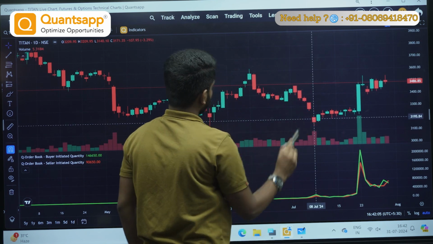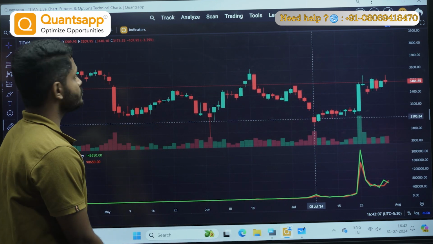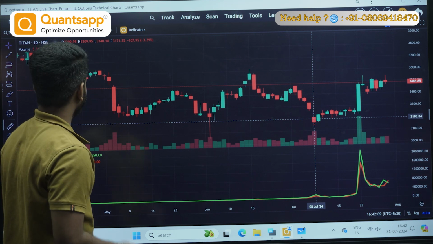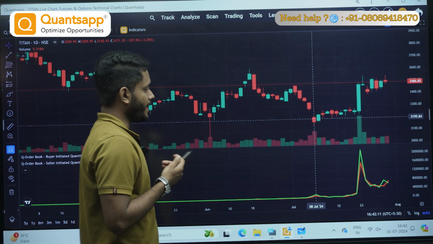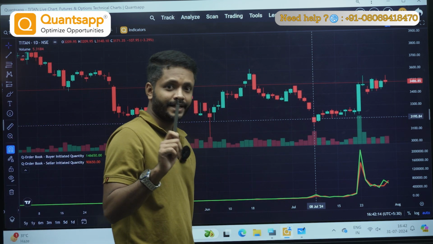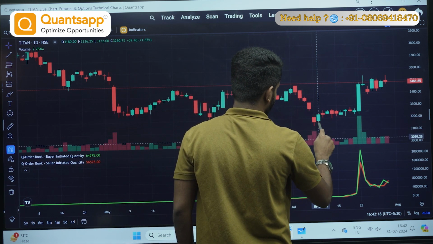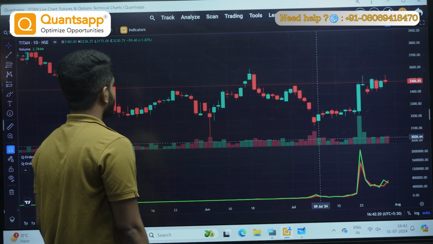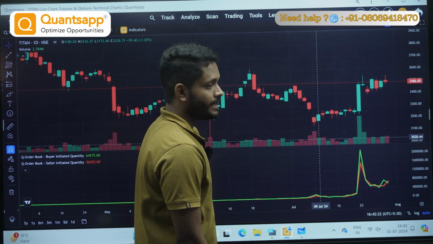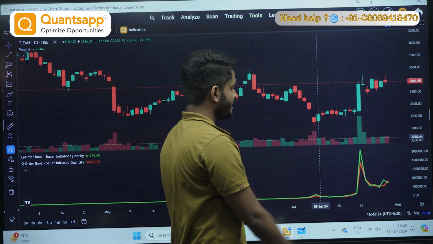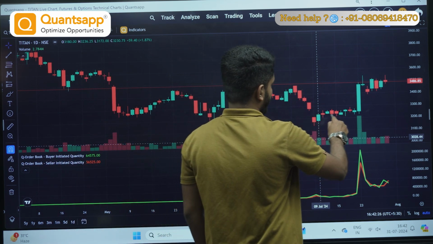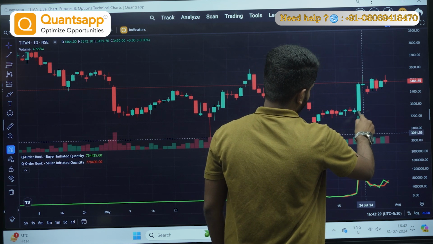Check the high of this candle, 3209.95. I am supposed to plan the trade on 9th July provided its day high is taken out. Simple. So see, 3236.25, clear cut I could see day high was taken out. So I could have initiated a trade over here on 9th July.